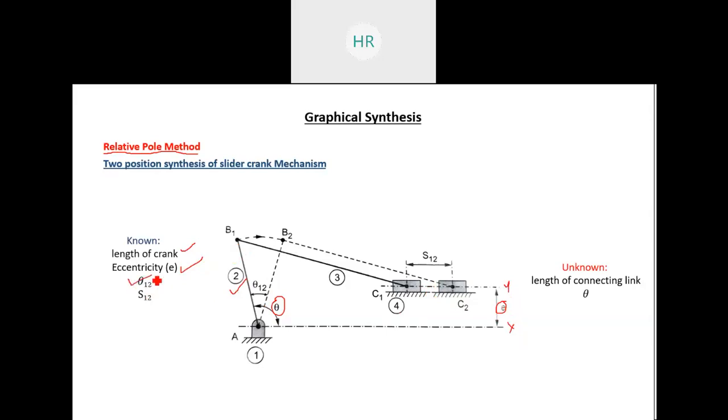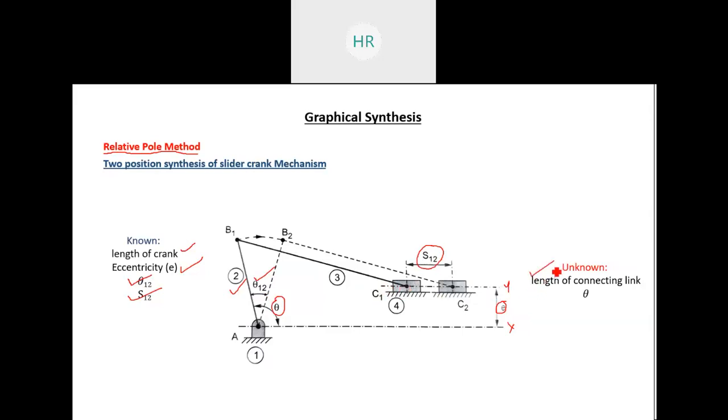Theta 12, the angle between first and second position of input link, will be known to us, and S12, the distance covered by slider while moving from position 1 to position 2, or when this crank is rotating by theta 12. And what will be unknown?